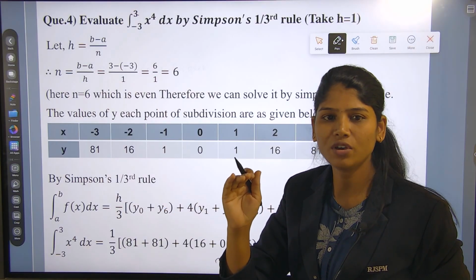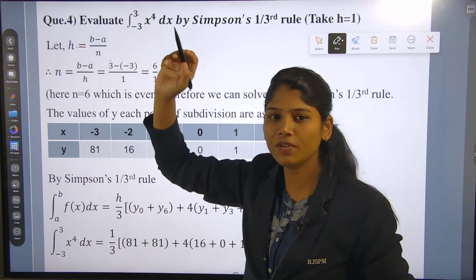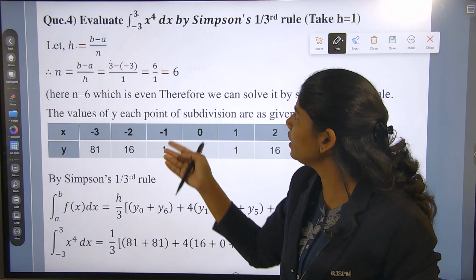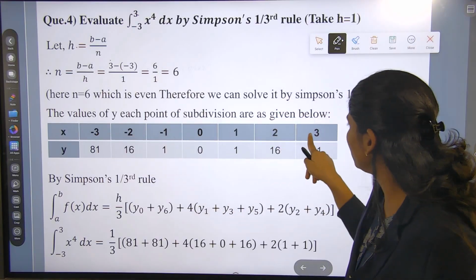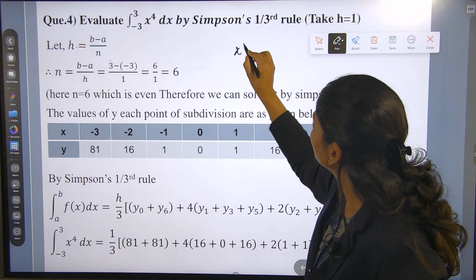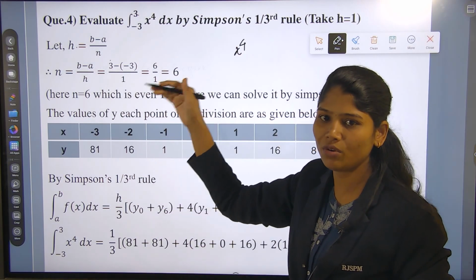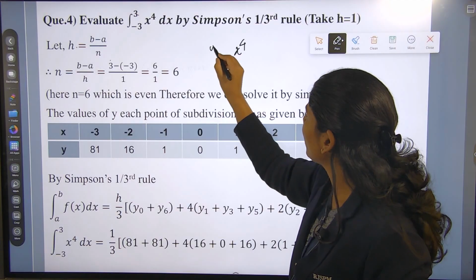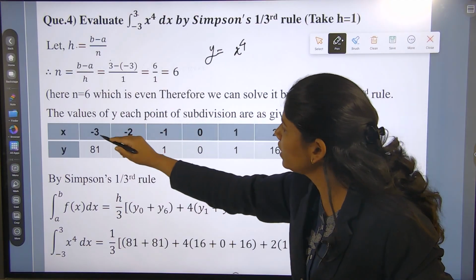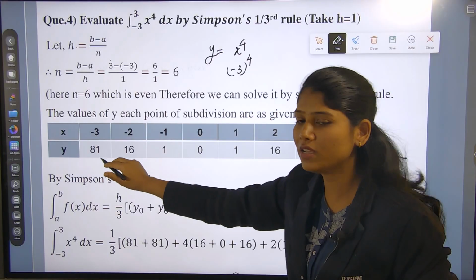Write down the values of x from -3 to 3. Take value of h is 1, so h का डिफरेंस लेना है आपको, 1 का डिफरेंस लेना है, -3 to 3 तक लिखना है. ठीक है, फंक्शन है आपका x⁴, सो हर एक x के वैल्यू के लिए आपको यहाँ पे पुट करना है और y की वैल्यू फाइंड आउट करना है. सो y इज इक्वल टू क्या है आपका x⁴. सो इफ यू पुट -3, so -3⁴, so we get answer 81.